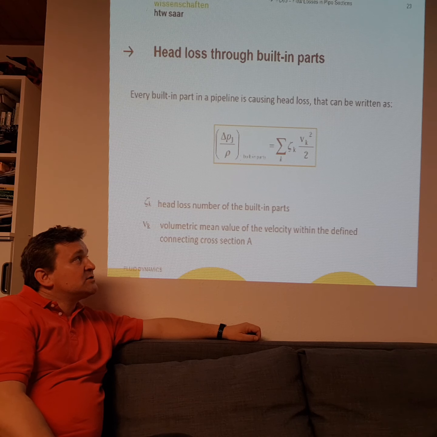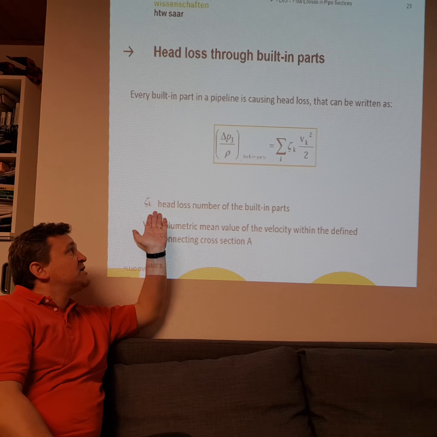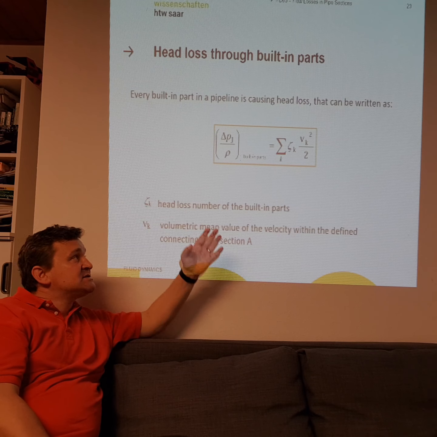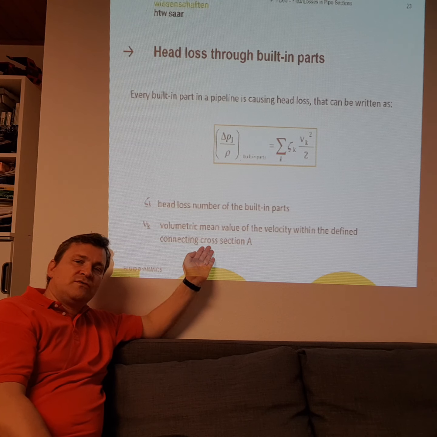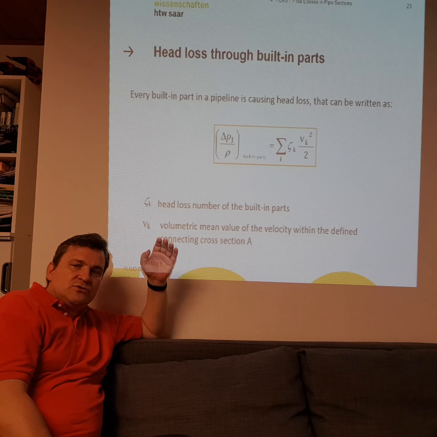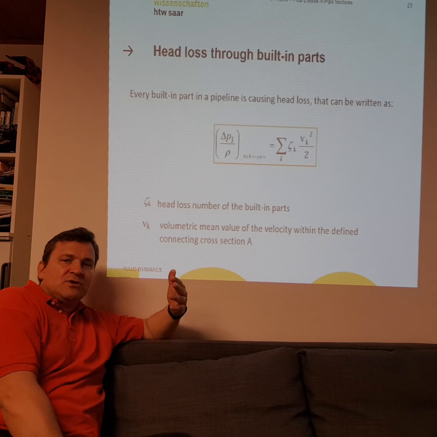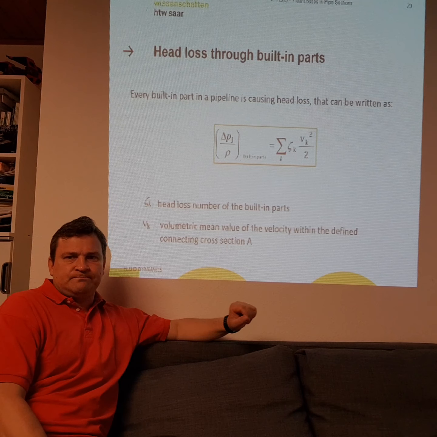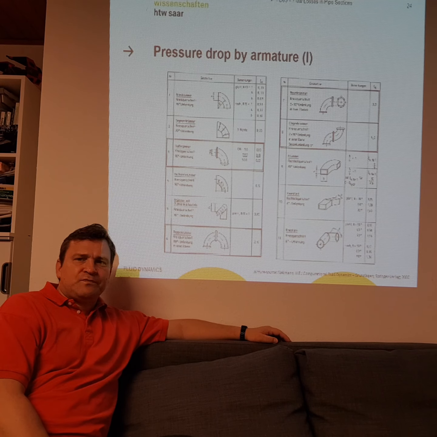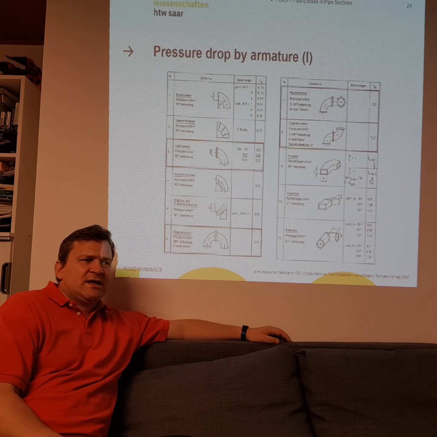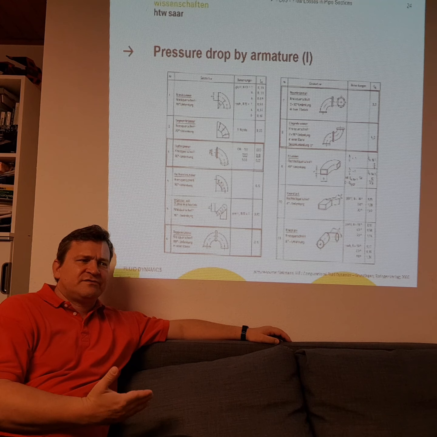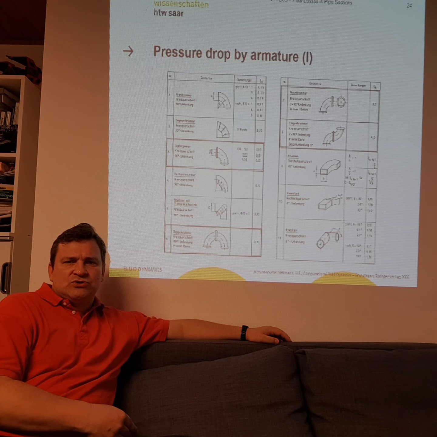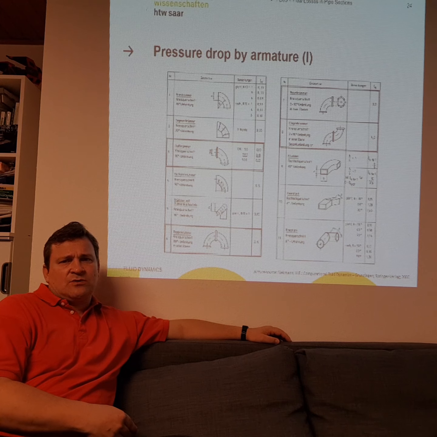With this equation, if you have special loss numbers, you multiply them, you make a sum of all the losses over the whole pipe, and then you can calculate your pressure drop. And now you ask me, how can I get all the Chi values for the different armatures, for the different elbows? And more or less there are two answers to this question.